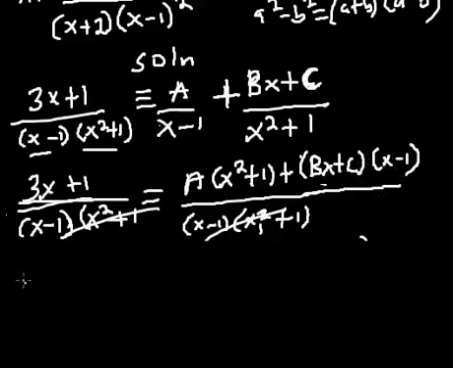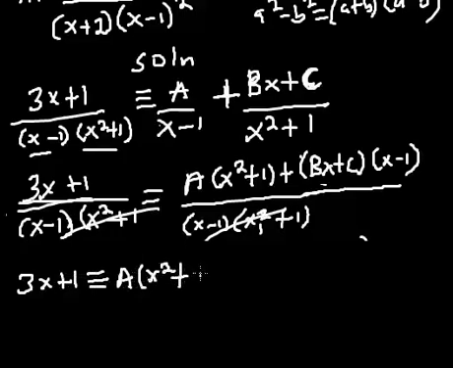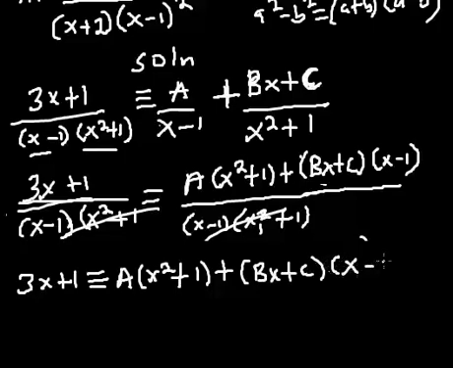So what I'm supposed to be having here is 3x plus 1 equals A into x squared plus 1, then of course plus bracket Bx plus C, close, then I have x minus 1.